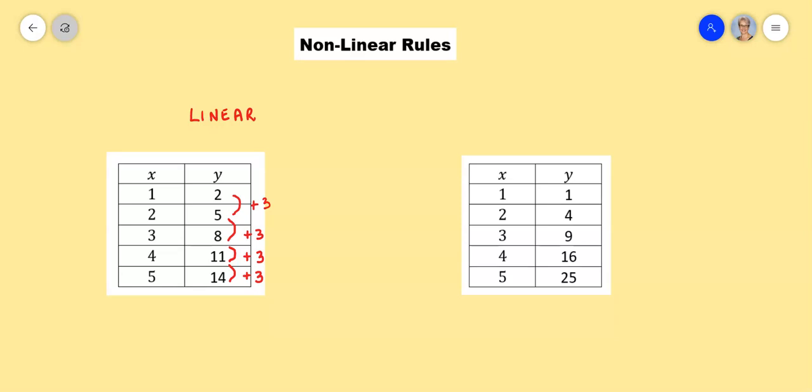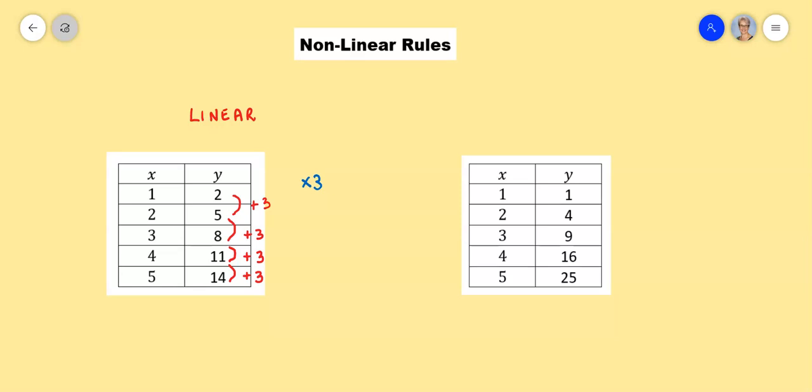Remember, when we are determining the rule for a linear relationship, the first thing we look at is these numbers down here. Because remember, these numbers tell us the multiplying number in our rule. This is telling us that if I want to find y, I first of all have to multiply x by 3.